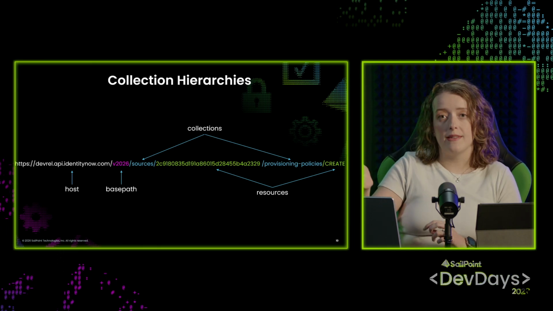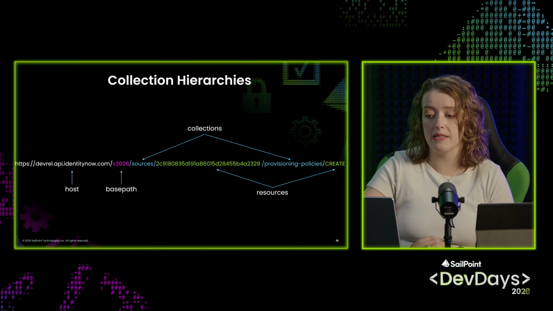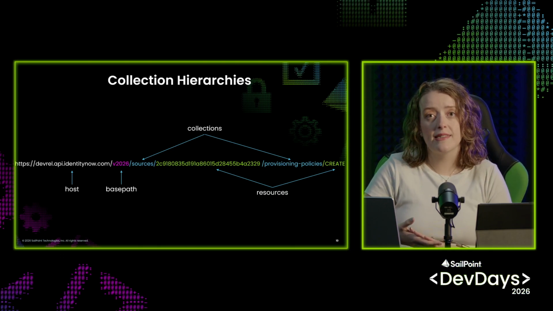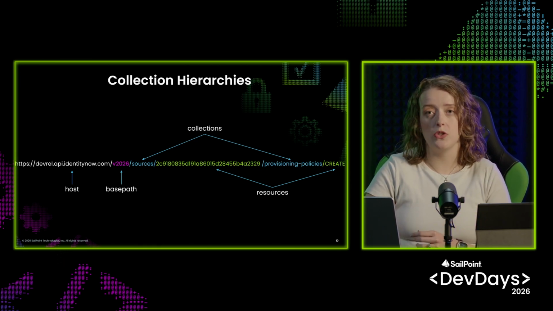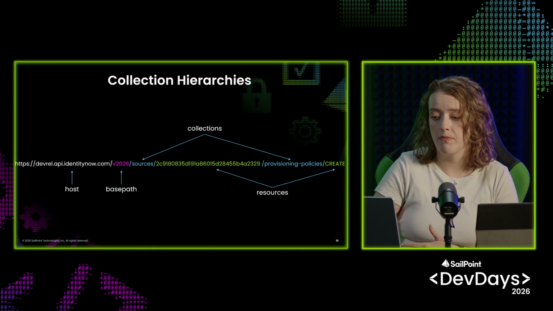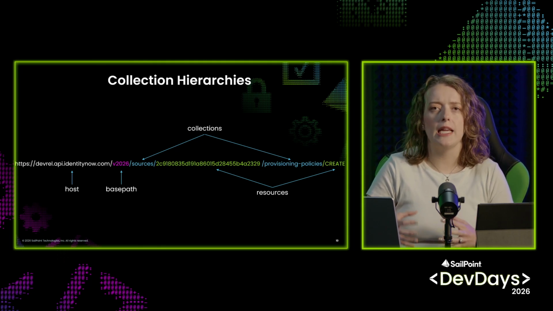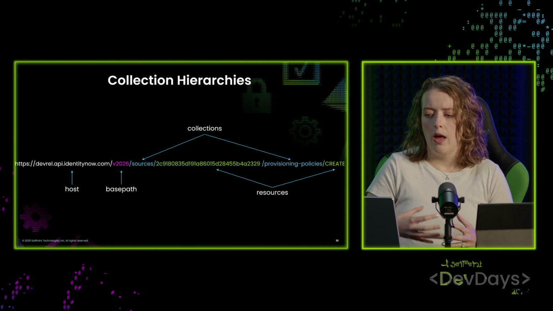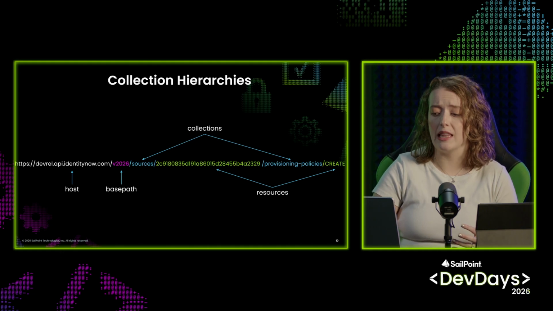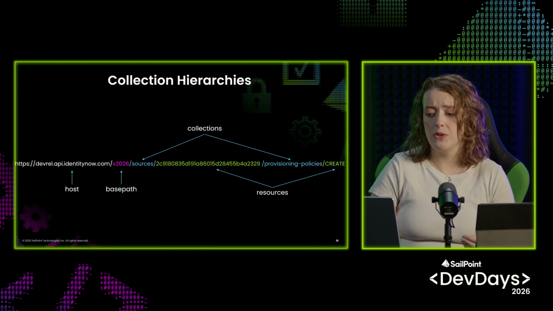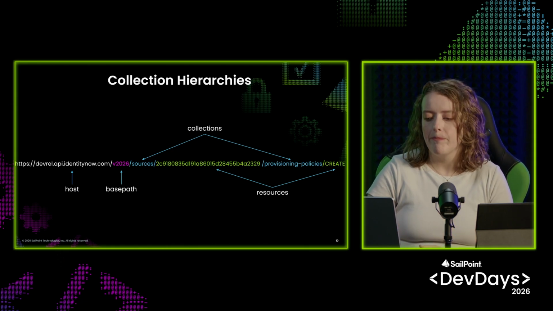If you see on the right-hand side, starting with that second blue text, /provisioning-policies/create, that's saying, give me the create provisioning policy that belongs to this specific source. And the hierarchy in this URL mirrors the hierarchy in your data. So a provisioning policy belongs to the source. In the URL, it lives under the source. So once you see this pattern, you're going to start to recognize it almost everywhere you see a URL.